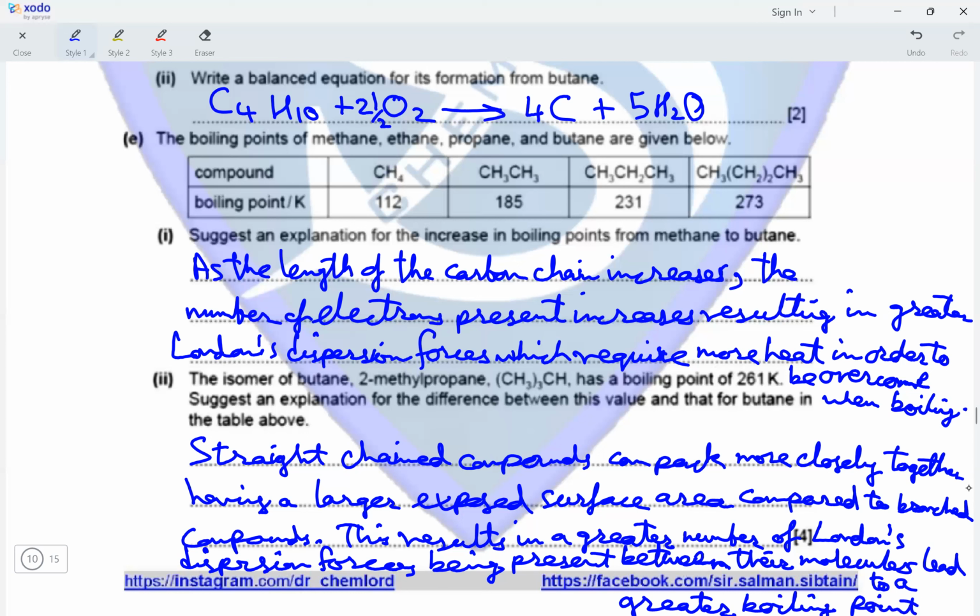And this is because the greater the number of London's dispersion forces present, the greater the amount of energy in the form of heat would be required to overcome them in order for the straight chain compound to boil as compared to the branch compound, because the number of London dispersion forces would be lesser, so lesser amount of heat compared to the straight chain compound would be required in order for the branch compound to boil.